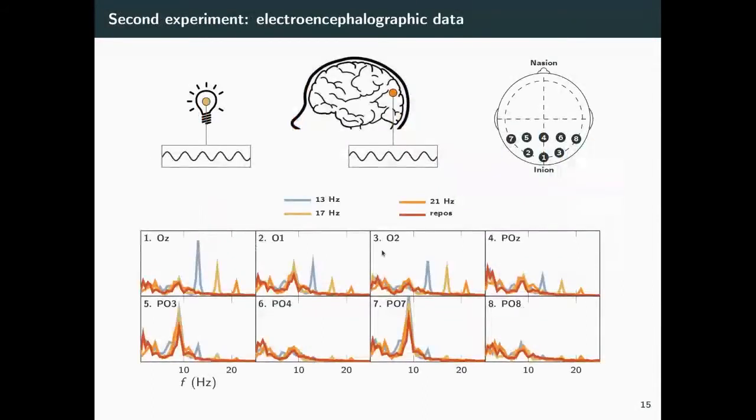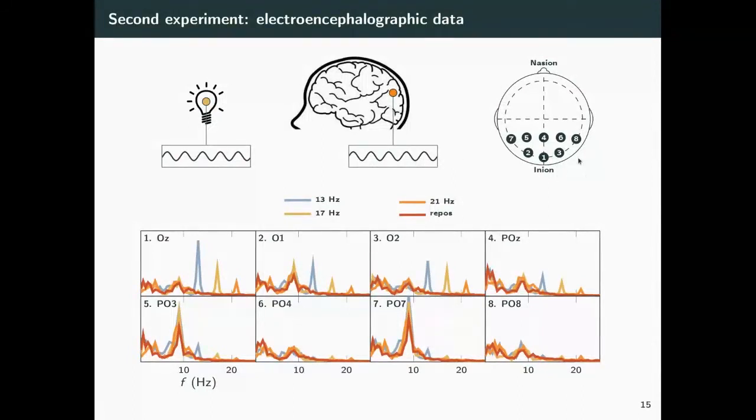Then we did some experiments on real data, electroencephalographic data. We considered the SSVEP data. Basically what we have here is a light blinking, and there is a physical phenomenon which makes the brain blink at the same frequency as the light it is exposed to.